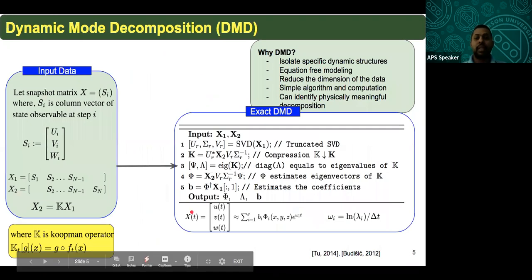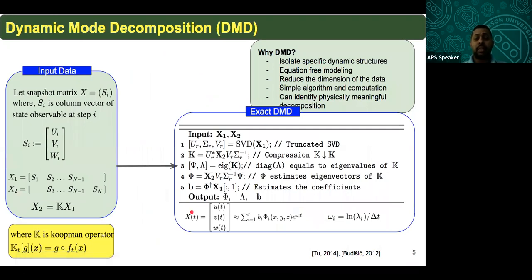So let me talk about the DMD algorithm. Why is it useful in this kind of analysis? The DMD algorithm can isolate specific dynamic structures, such as the gyres or the internal waves, and periodic patterns. We can use either numerical data or observed data.